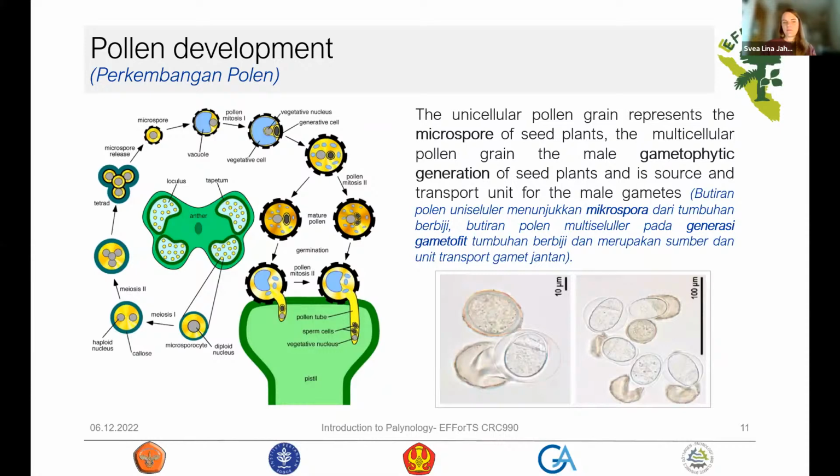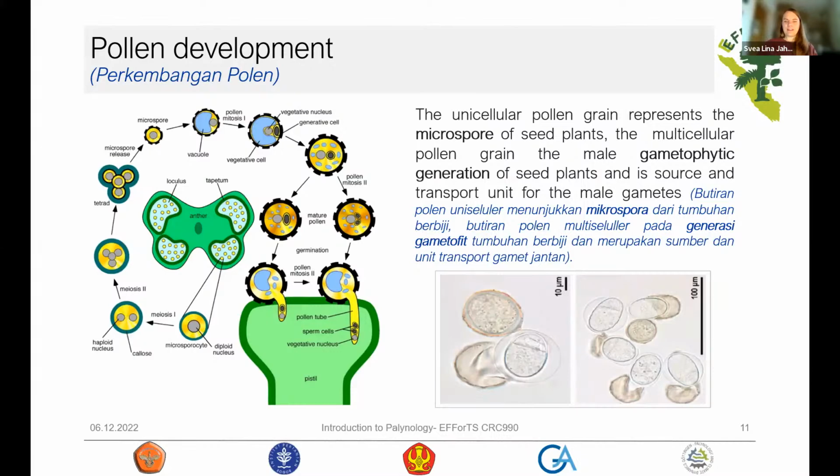It starts off as a microsporocyte and then undergoes meiosis and produces this tetrad, which you sometimes even still find in your slides, which then releases the microspore as a unicellular grain, undergoing mitosis and then producing these male gametophytes, gametes, which then basically fertilize the pistils, so the female parts of the flower, through this pollen tube.